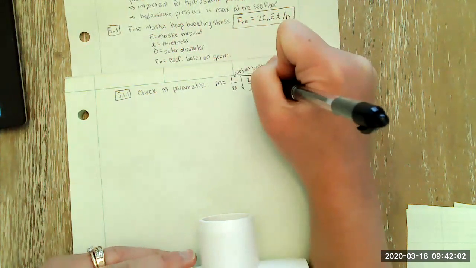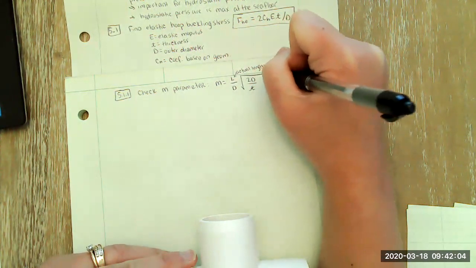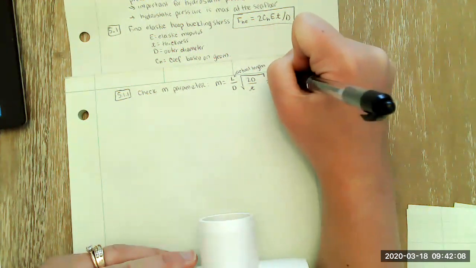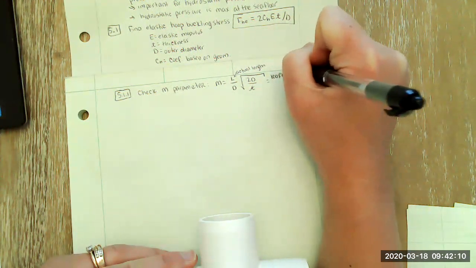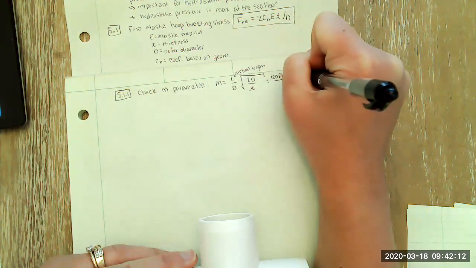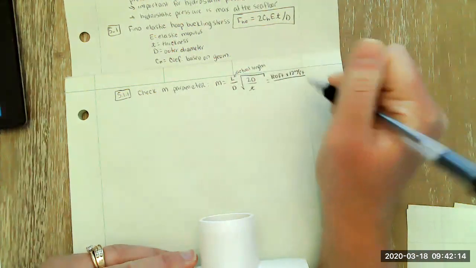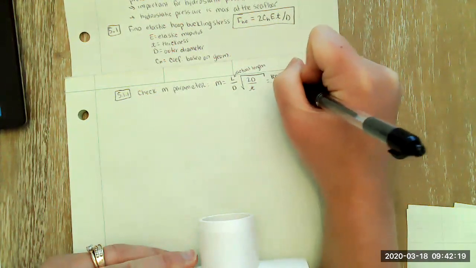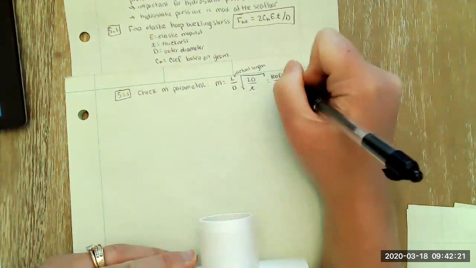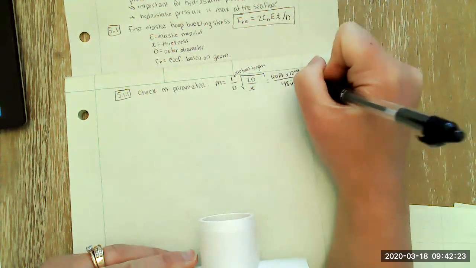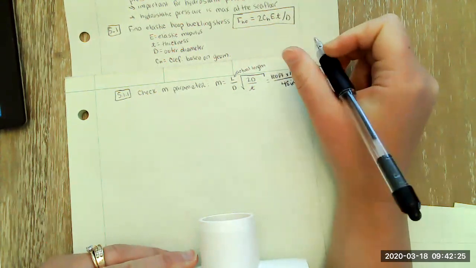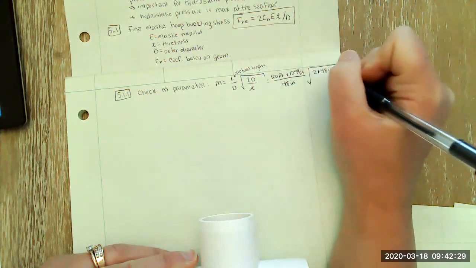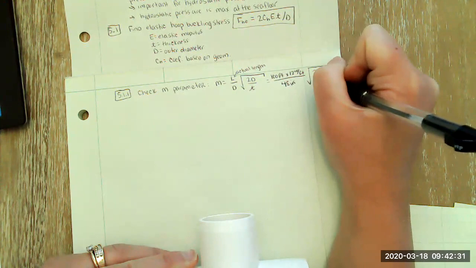So plugging in numbers here, I have 100 feet is the length of my column times 12 inches per foot, because my diameter is in units of inches. Alternatively, I can convert my diameter into feet, but let's keep everything in inches. So we have 48 inches. Good, my units will cancel. Times the square root of 2 times 48 inches divided by my thickness is 1 inch.